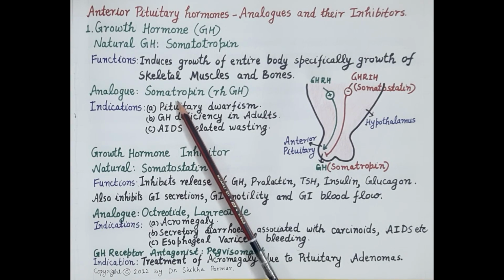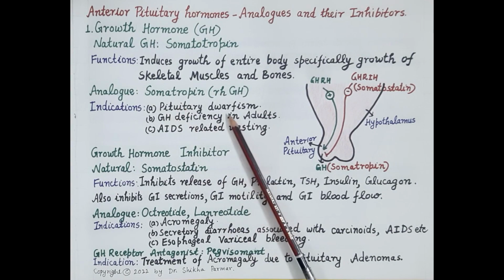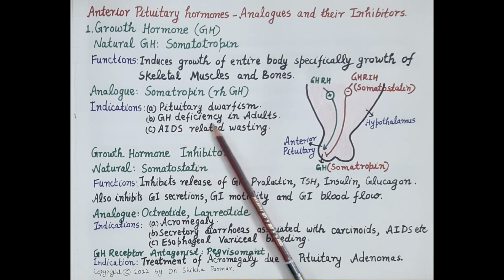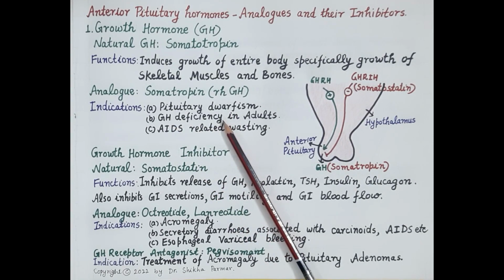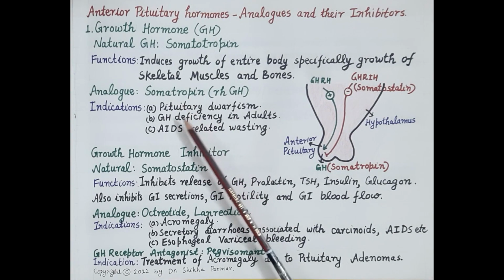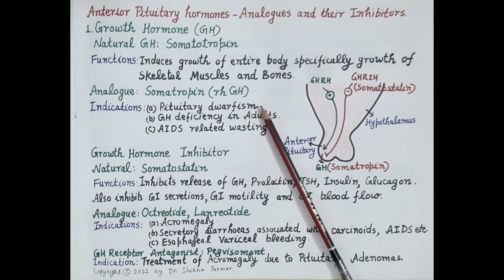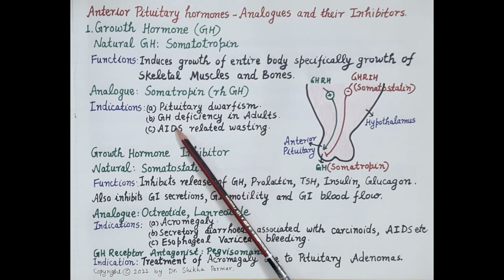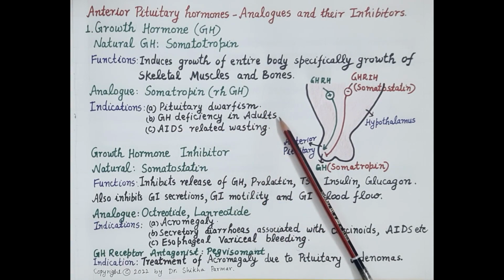Now, deficiency of growth hormone in children causes pituitary dwarfism, while deficiency in adults leads to low muscle and low bone mass. So, somatropin is useful in the management of pituitary dwarfism as well as in the management of growth hormone deficiency in adults.